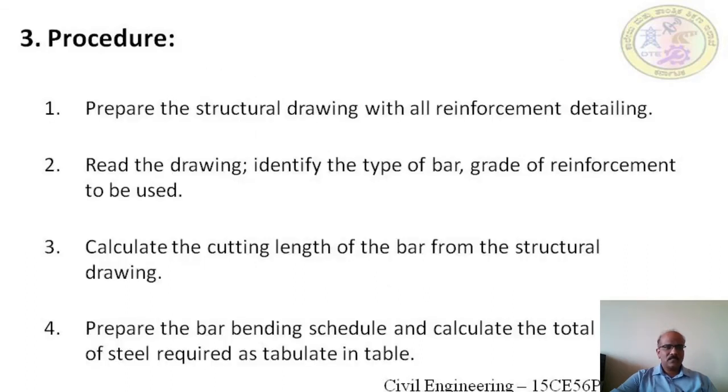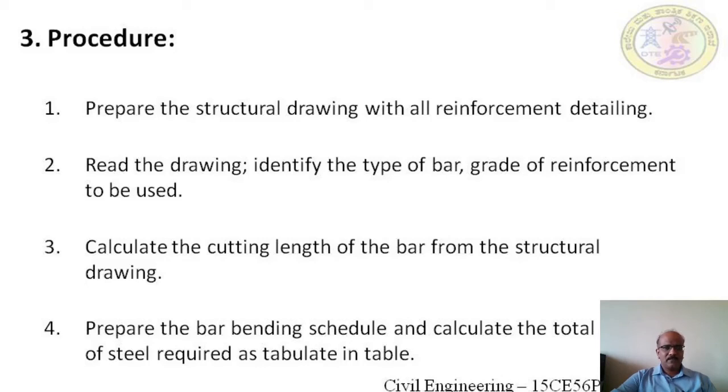Once the structural drawing is prepared, read the drawing carefully and identify the type of bar, grade of reinforcement to be used, and diameter of the bar. One should be able to read the structural drawings, and we need to identify the diameter of the bar, the grade of the steel and the shape.